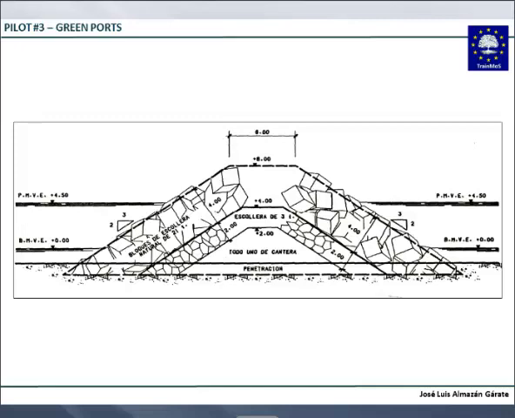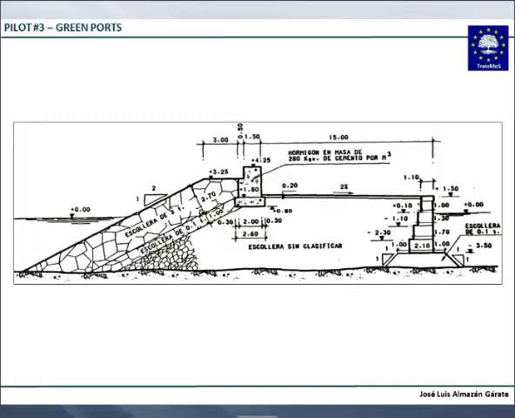This is another type of dike, and in the sheltered area, you profit of the structure to create a quay. So you can moor ships at this side of the quay in quiet water.